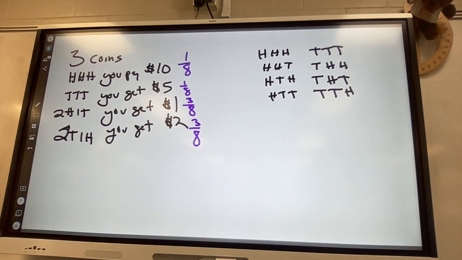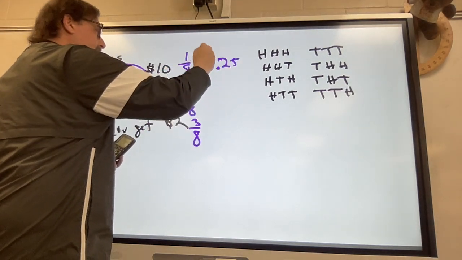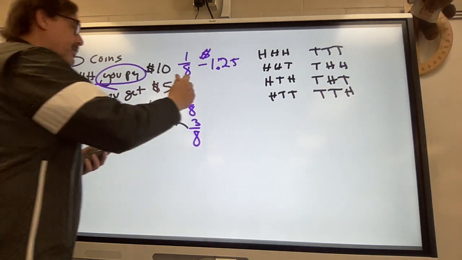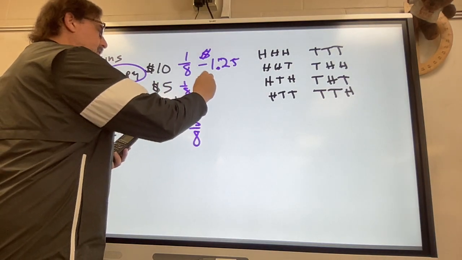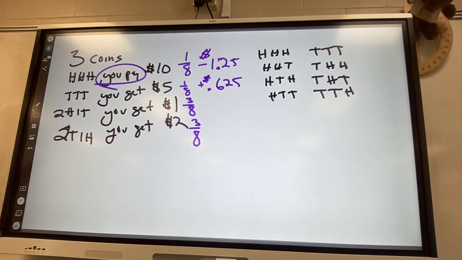On this one, you don't pay them or get paid until you do it. So this you pay is going to be considered a negative. So I'm taking 10 times 1/8, and I get paying $1.25, so I'm going to put it as negative. You pay $1.25 is what you would expect to do. $5 times that, you'd get paid 62.5 cents.